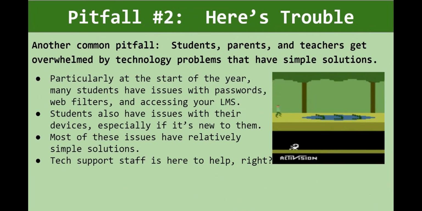All right. Pitfall number 2. It's another common issue, unfortunately. This one I call "here's trouble" because it's troubleshooting. We noticed at the start of the year this year, like I already mentioned, so many students had troubles with PowerSchool and Canvas passwords.